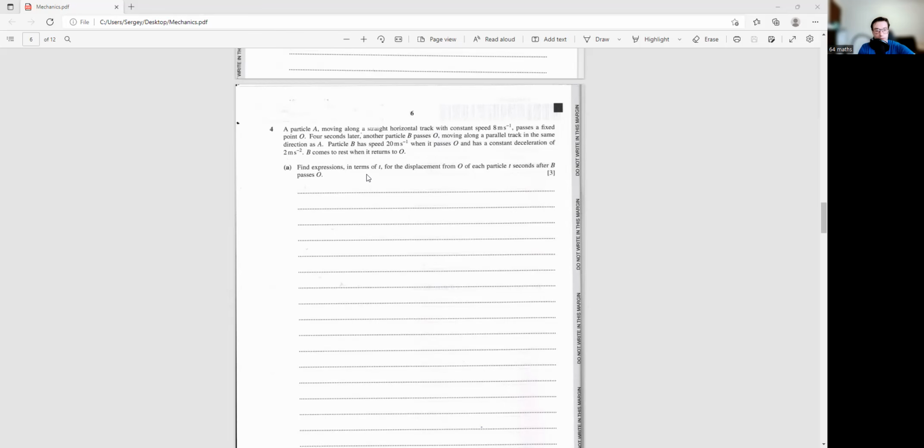Okay, you have 2 particles. I think it's, again, time for a diagram. Okay, we got a particle A, and it moves along a straight horizontal track with a constant speed of 8 meters per second.